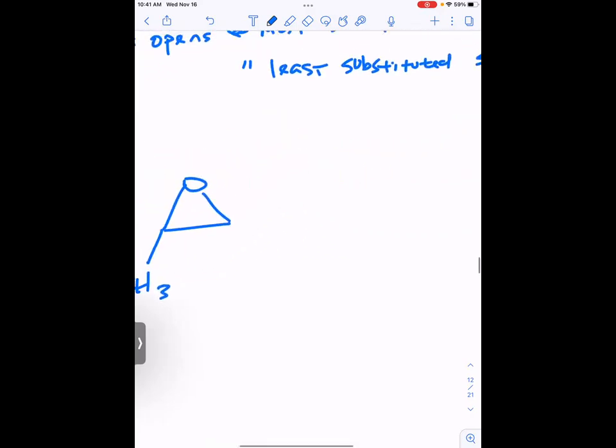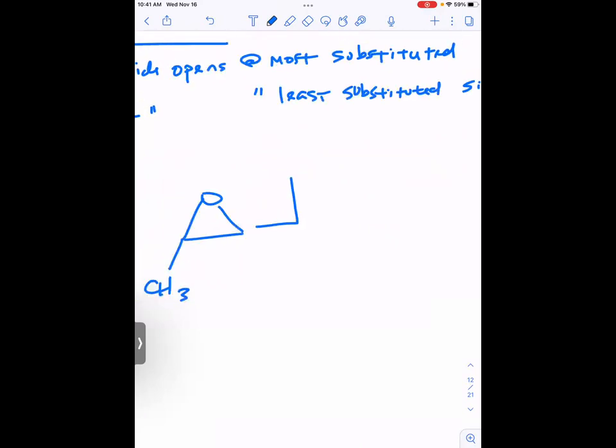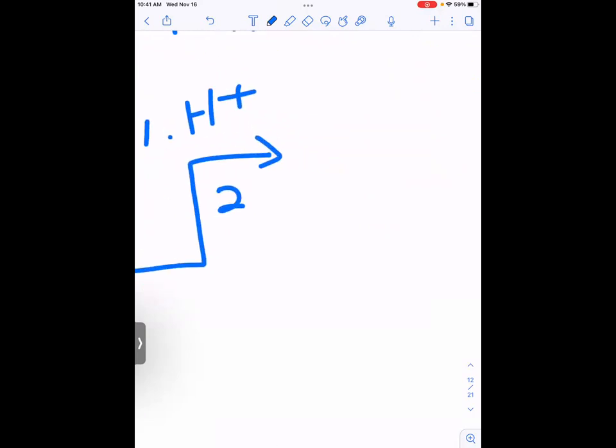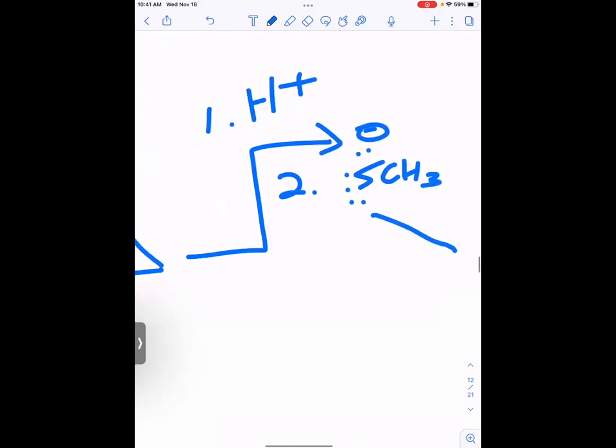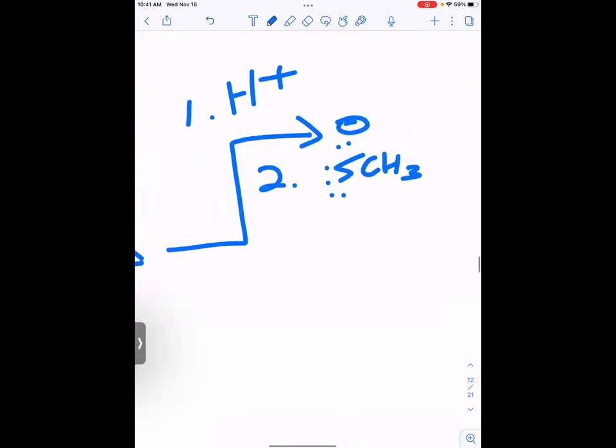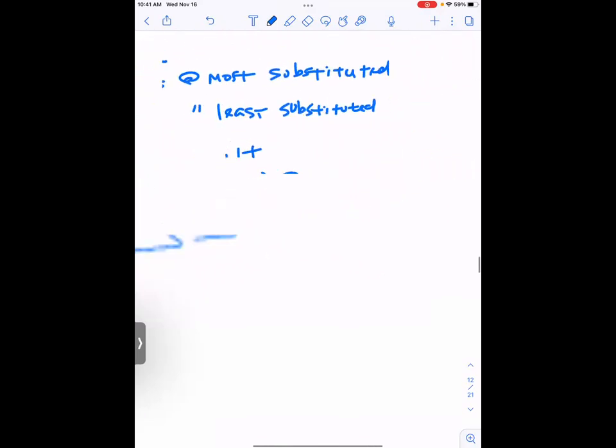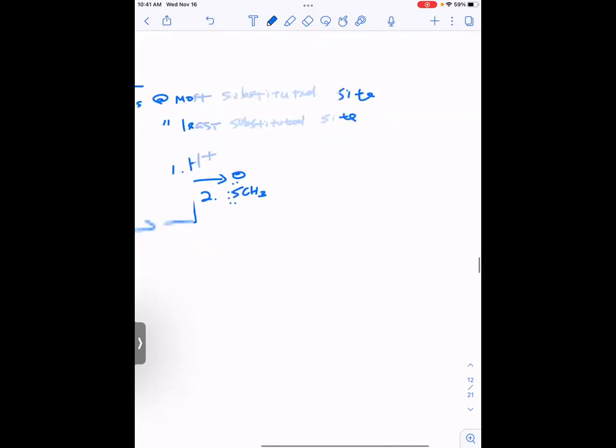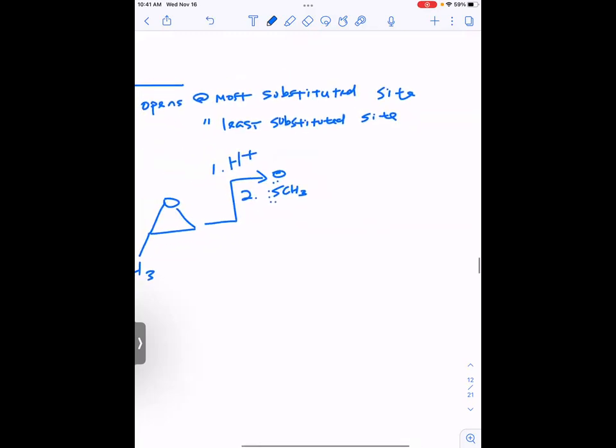Now, if I take this and I treat it with acid and then treat it with some nucleophile, let's say methyl sulfide. All right. That's going to give me a product.